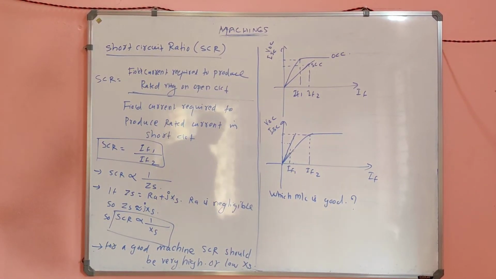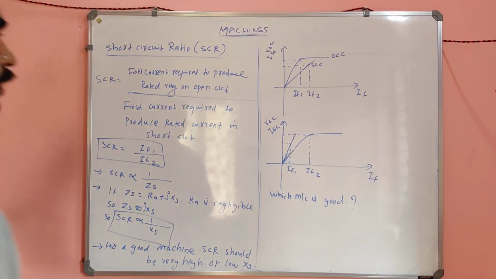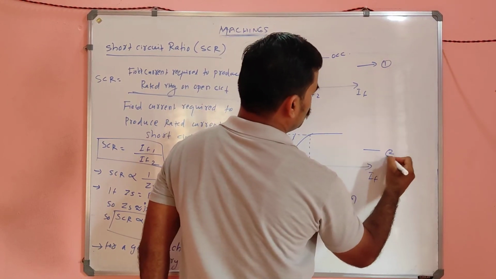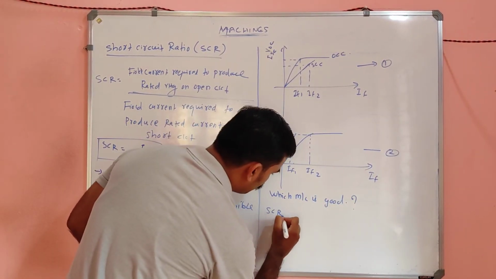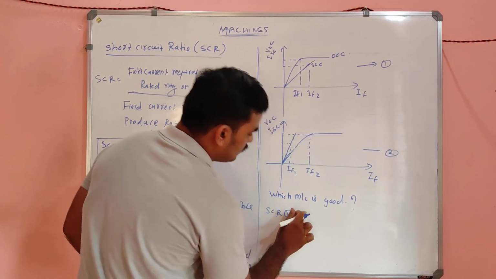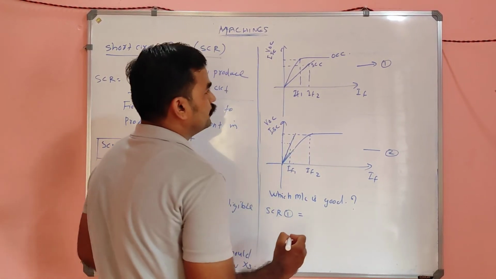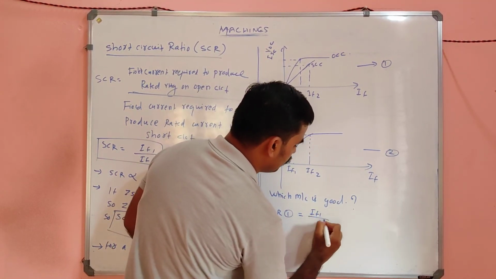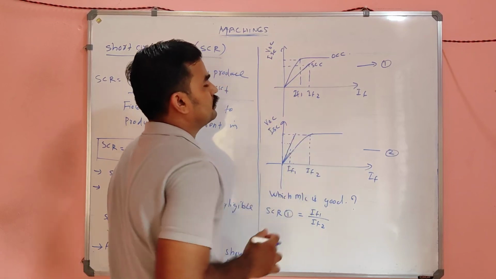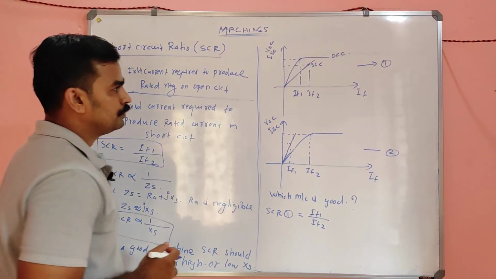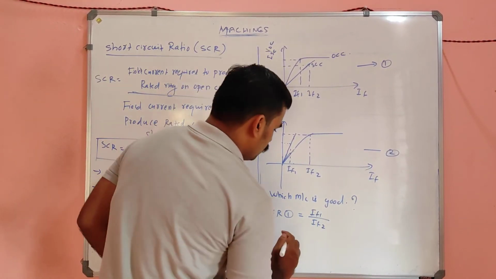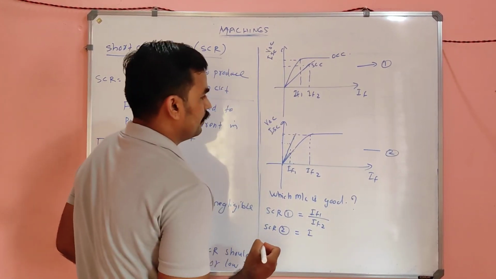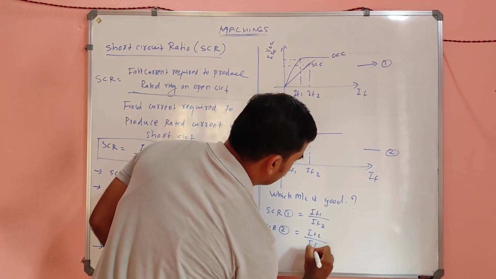Focus on it. See, my dear, let there be machine number 1 and machine number 2. SCR1 will be equal to the field current required to produce the rated open circuit voltage, IF1, divided by IF2. And SCR2 is IF2 divided by IF1.